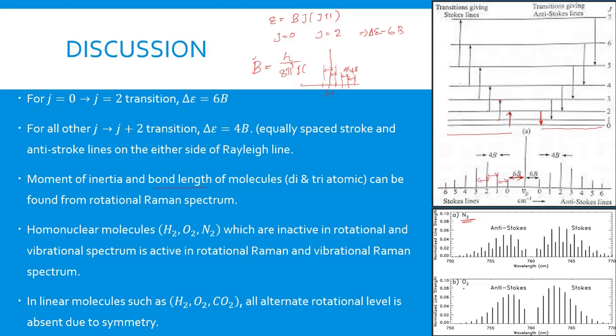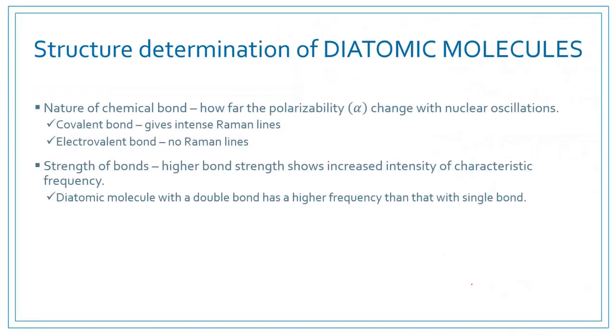Here you can see that oxygen, having a center of symmetry and being linear, has its even lines absent. Thus, Raman spectra allow us to find the structure of molecules also.